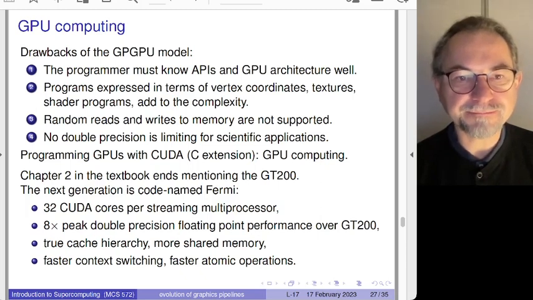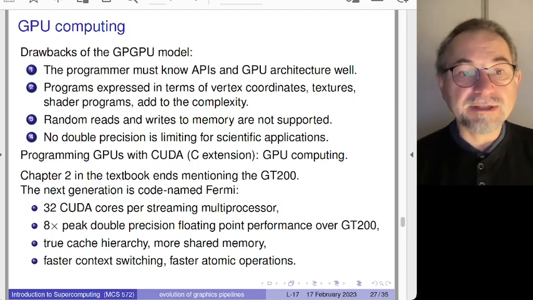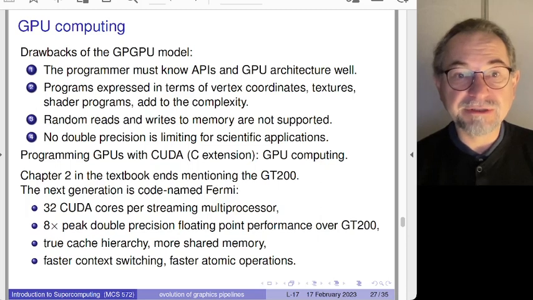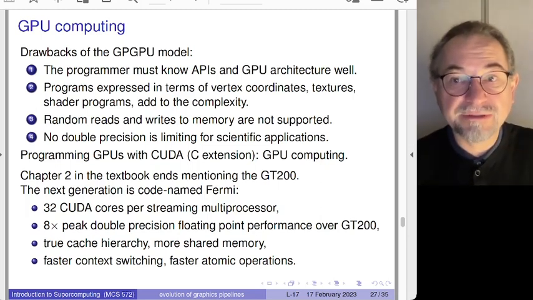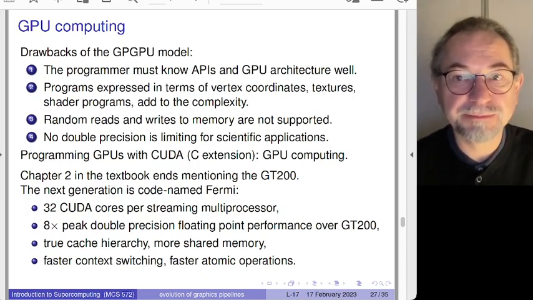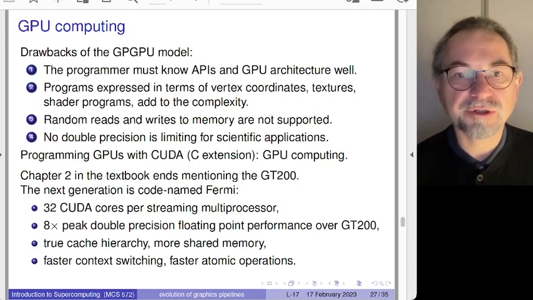GPU computing. There is the no double precision limitation. That's another problem, although there is the float data type. So if you still have a GPU that doesn't have 64-bit floating point processors, then you can still work with the float type.